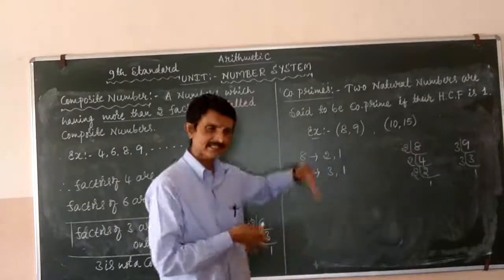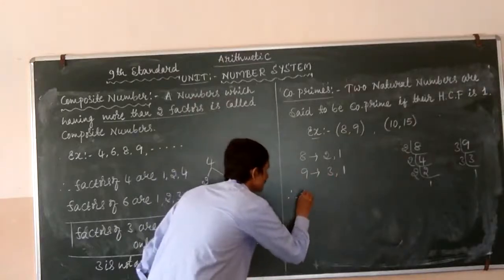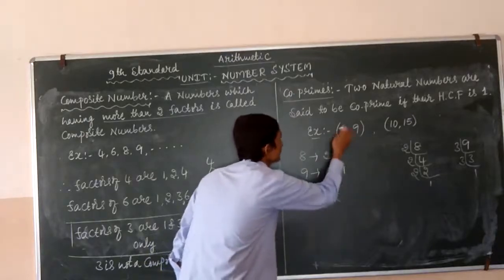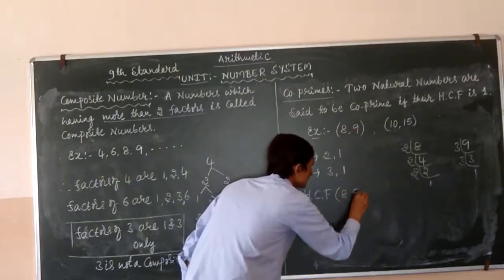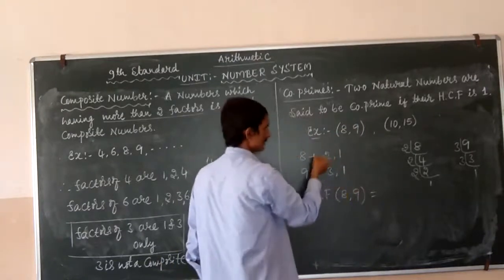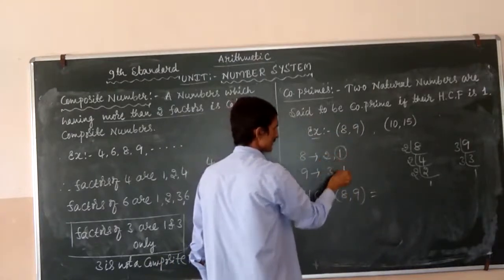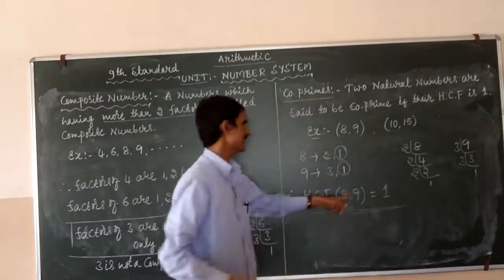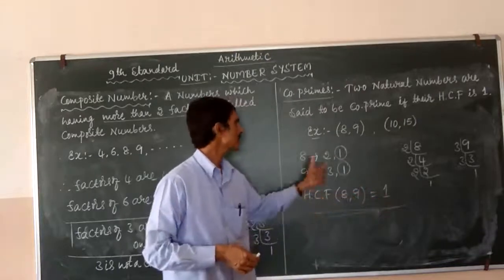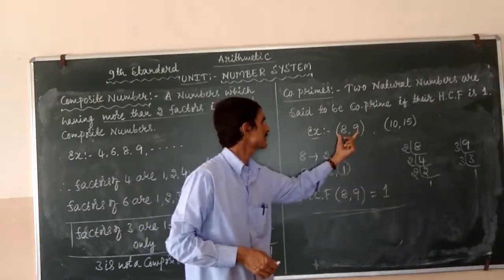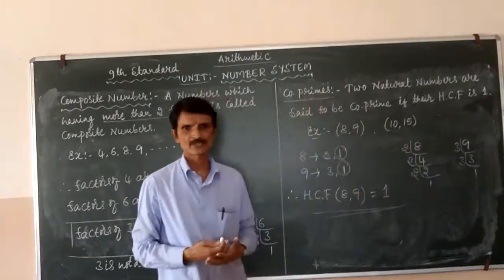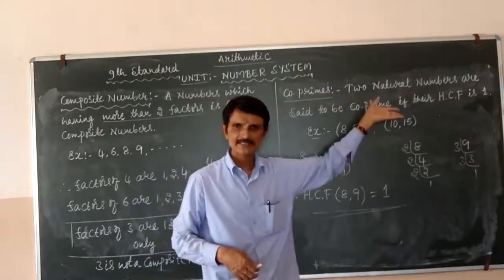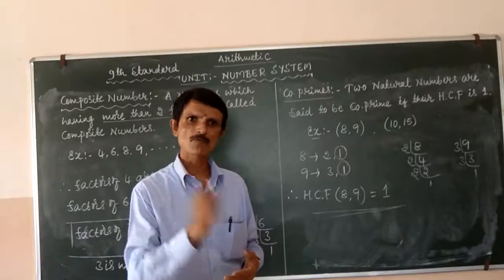If we take the HCF of both 8 and 9, 1 is common in both. Therefore, the HCF of 8 and 9 is 1. So these two natural numbers are called co-primes. Co-primes means two natural numbers having an HCF equal to 1.